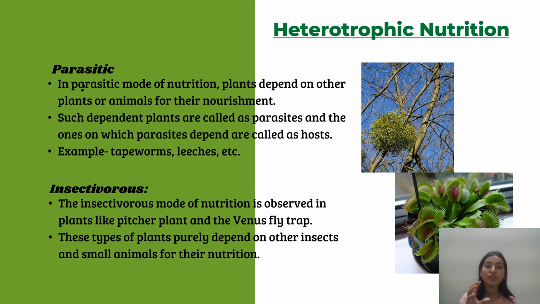It has a cavity or a mouth, you can say, and whenever an insect comes in its vicinity, it opens its mouth, traps the insect and then closes it back. This is how it obtains nutrition, which also signifies that these kinds of plants feed on insects for their nutrition. As it is written also, these types of plants purely depend on insects and small animals for their nutrition.